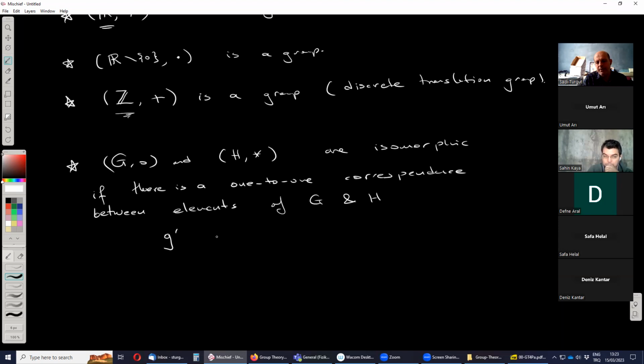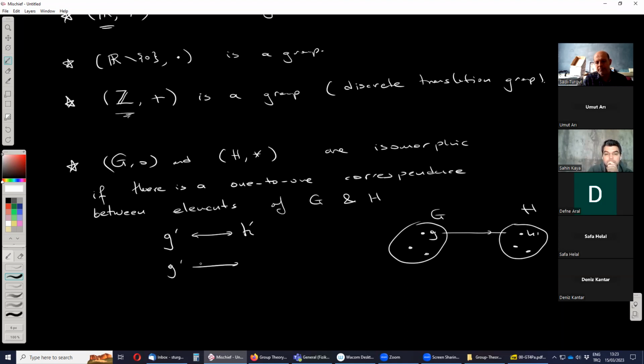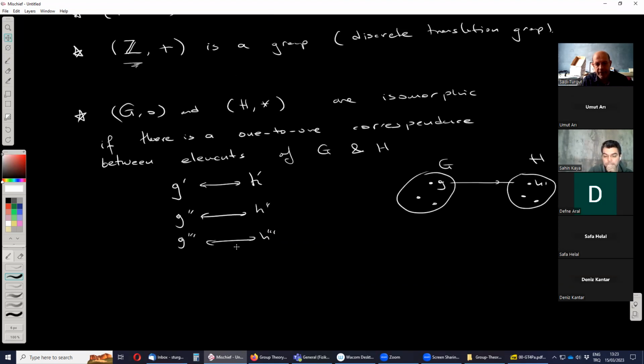If there's an element in here, there's a corresponding element on the other side. If I consider these as sets, for every element in here, there's a corresponding element H prime in here. So you just form this kind of correspondence. This is in a way a function actually, but I'm going to keep it short. So G prime, G double prime correspond to H prime, H double prime, and so on.